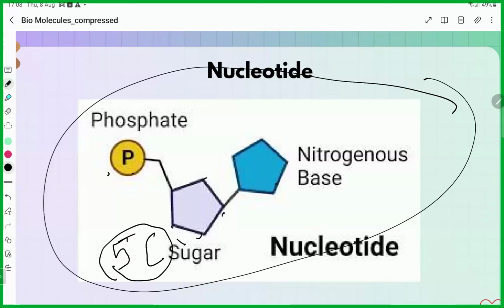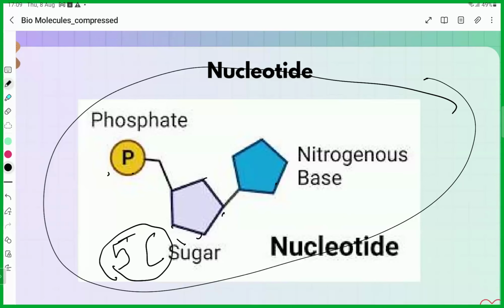Yesterday we spoke about sugars, which are carbohydrates, like glucose and fructose. We spoke about their structure, and that glucose is a hexose and fructose is a hexose, meaning they have 6 carbons.